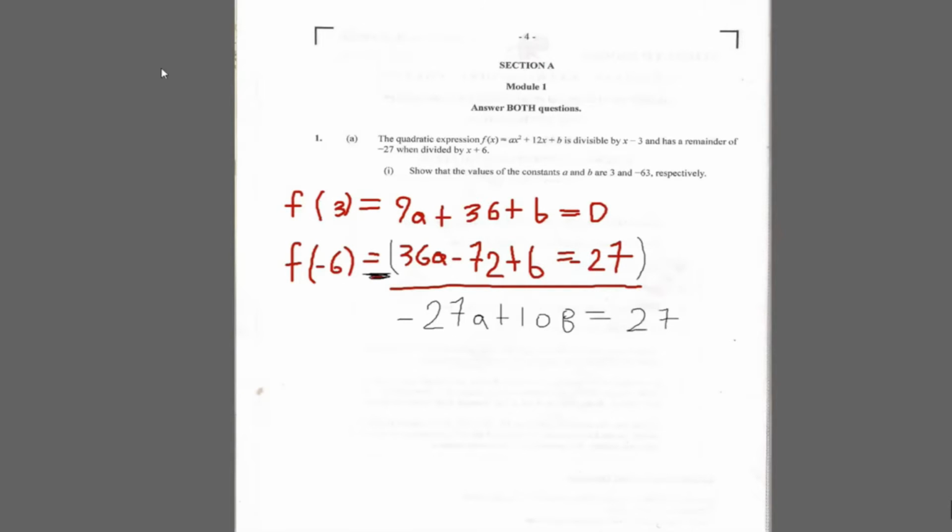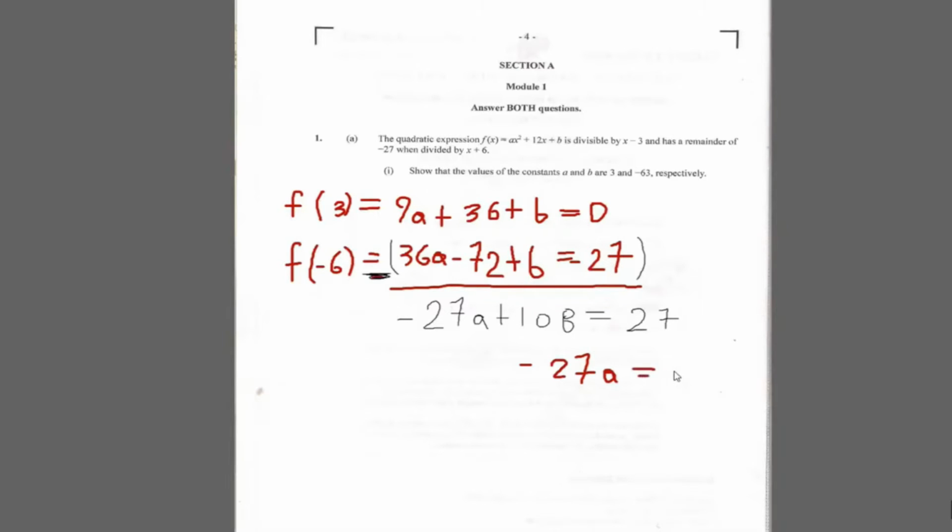So you bring over 108 to the other side, and so you get negative 27a equal to 27 minus 108, that's minus 81.